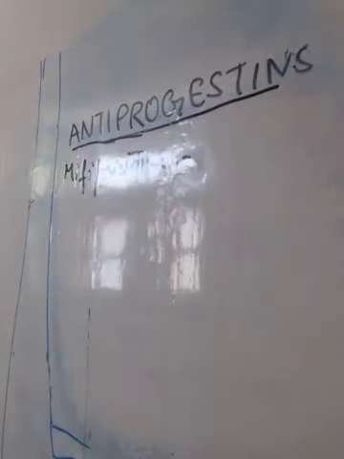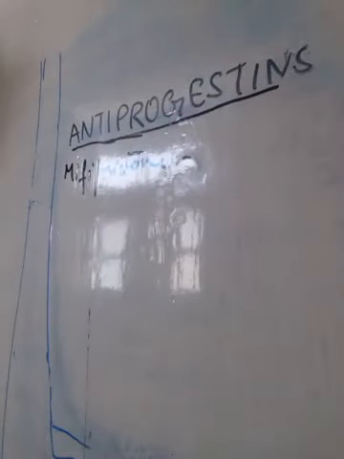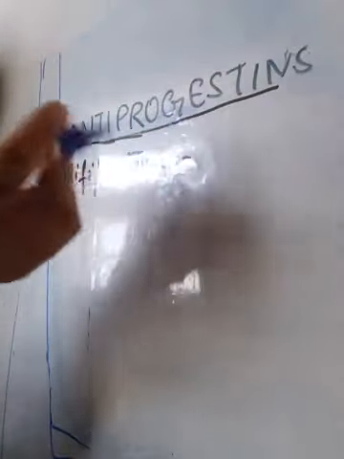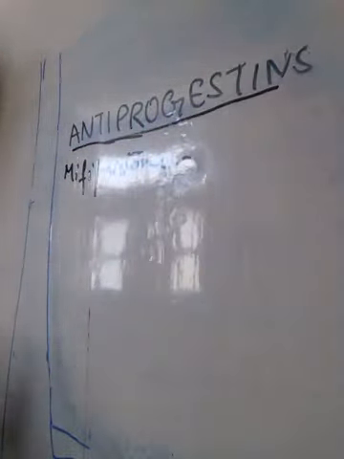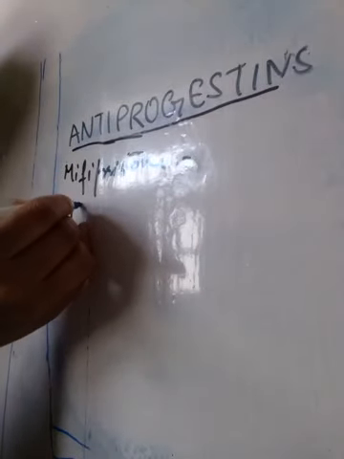Mifepristone is a synthetic preparation which antagonizes the progestin effects. As the word indicates, it is antiprogestin, means it will block the actions of the progesterone. Now studying about the mechanism of action.